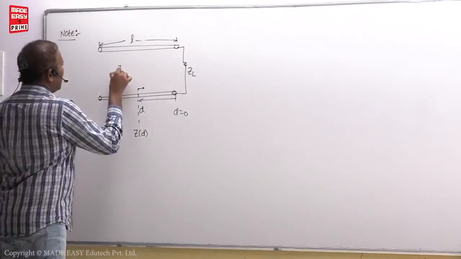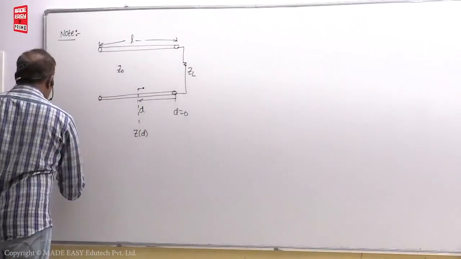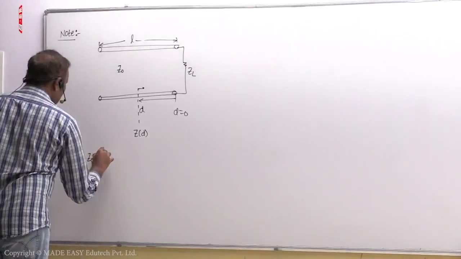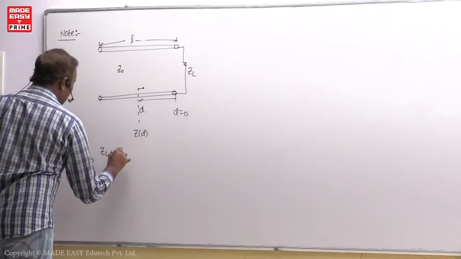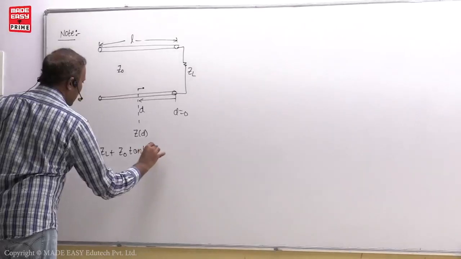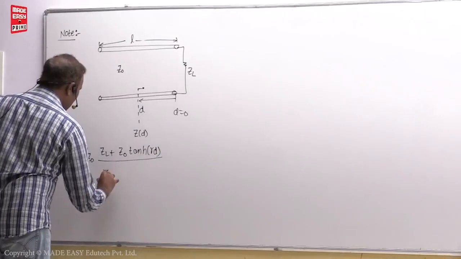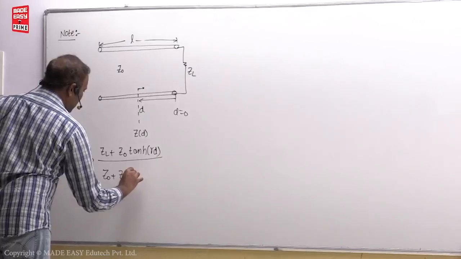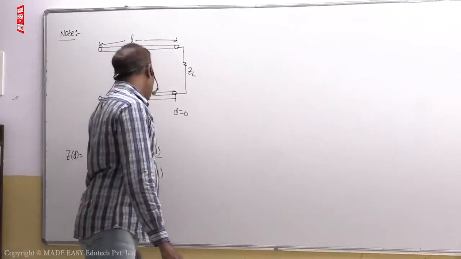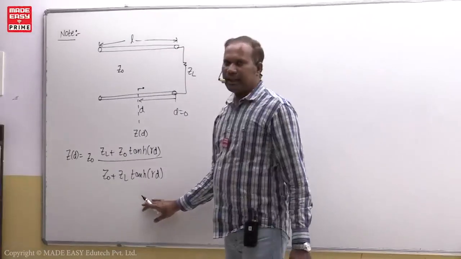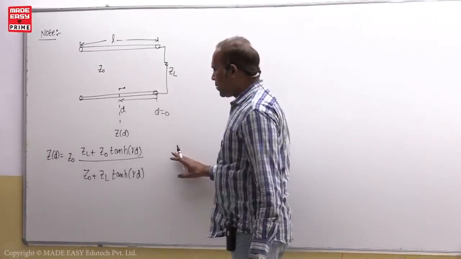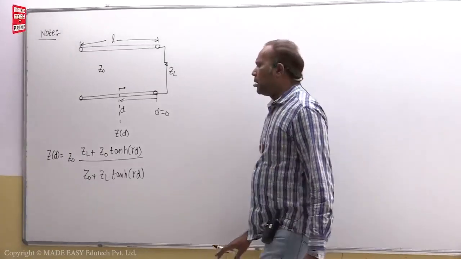So if Z0 is the characteristic impedance, then Z at a distance d is equal to Z0 into (ZL plus Z0 tan h gamma d) divided by (Z0 plus ZL tan h gamma d). That formula I kept in the box in the previous topic, and you have to remember it.